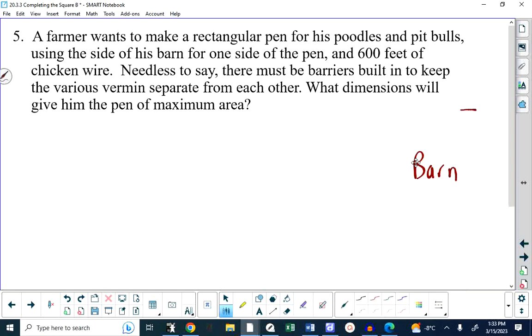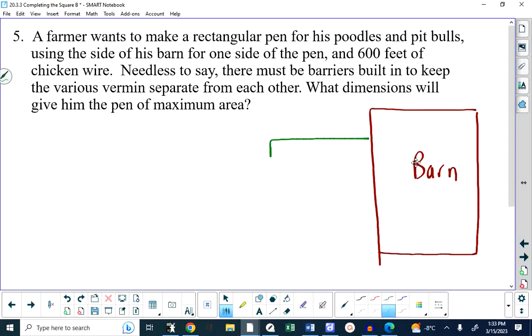This is the barn. And he's going to build a pen using the chicken wire but he wants to have a line running down the middle of chicken wire to separate the pit bulls from the poodles. How should he do this to get the most area?